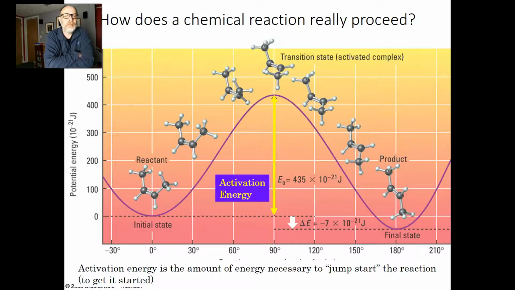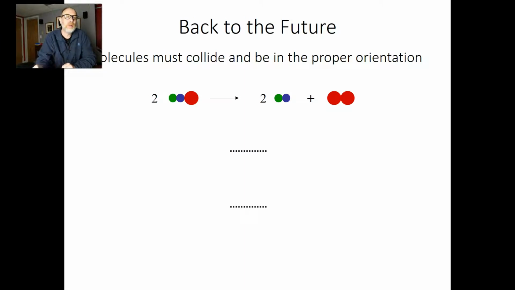And if you think about it, that really fits with the way that we've talked about kinetics and collision theory to this point, where, remember, we said the molecules must collide and they must be in the proper orientation. So if we want to make these two molecules, there are a number of different collisions that can occur, but essentially only some of them are going to be productive.